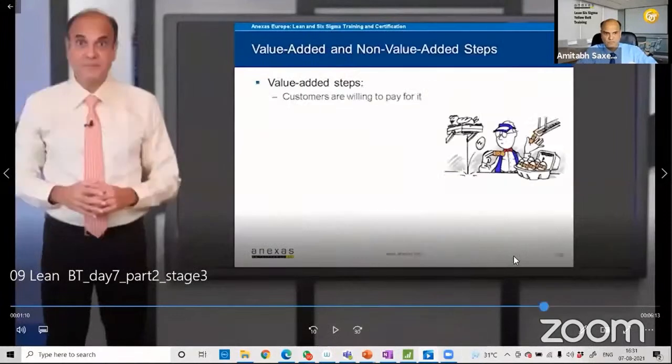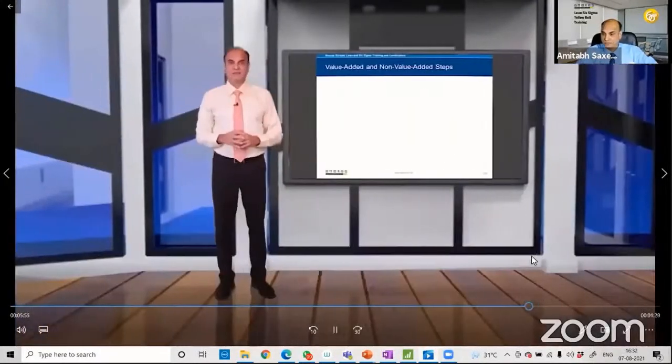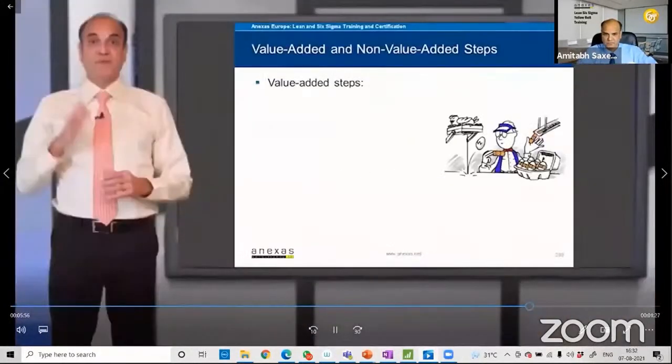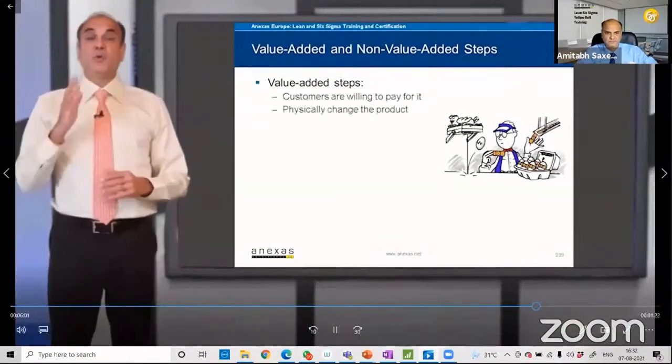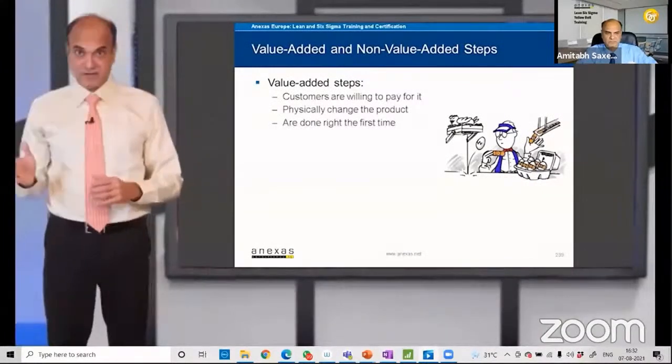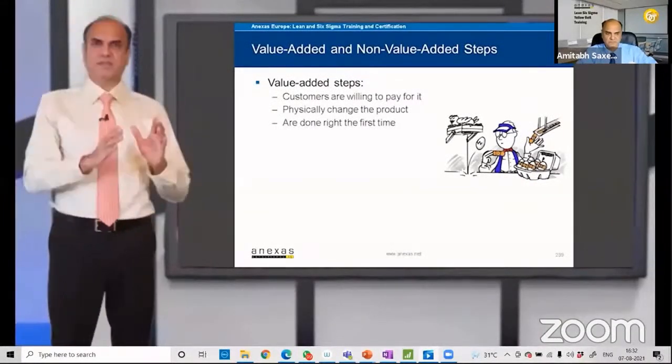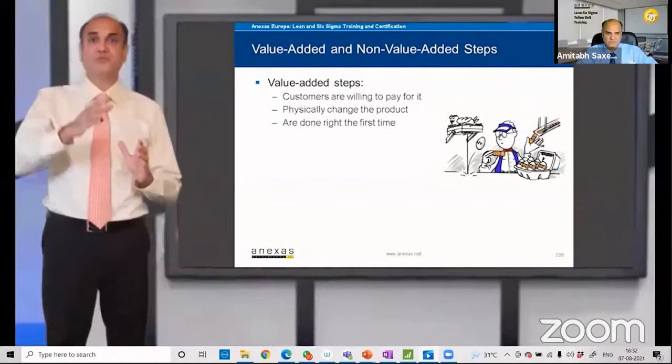Let us define the value-added steps and the non-value-added steps. Value-added steps are those steps for which the customers are willing to pay, which are done right the first time. Any rework, anything starting with review, rework, they are all non-value-added activities.